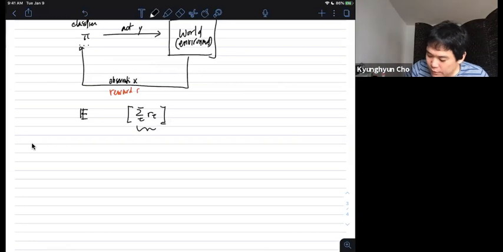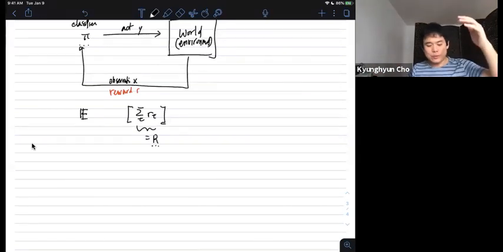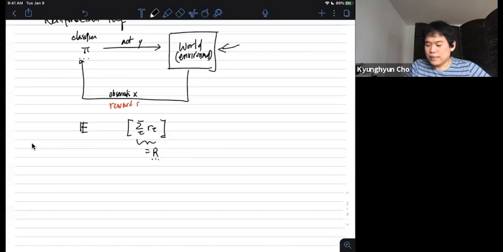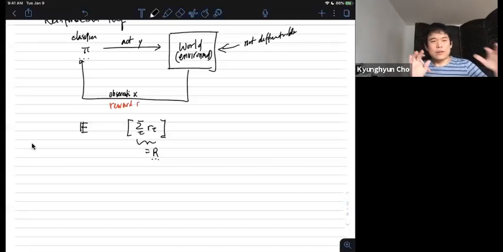And then the sum of the reward is going to be effectively the reward that we talked about, the capital R. And this is often non-differentiable because the reward is not differentiable. You cannot compute the gradient of the reward with respect to whatever loss function you have, because we don't know how the reward is implemented.